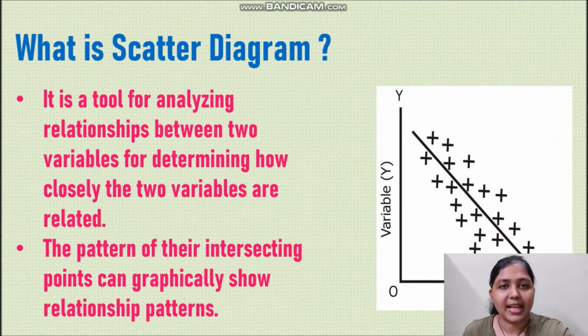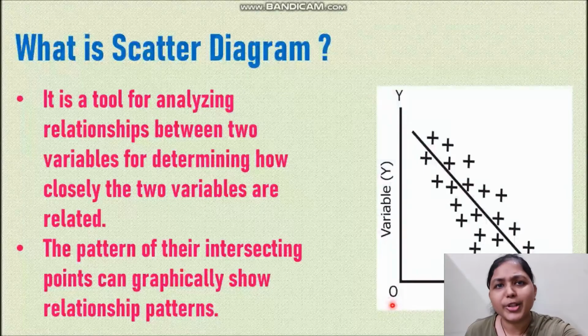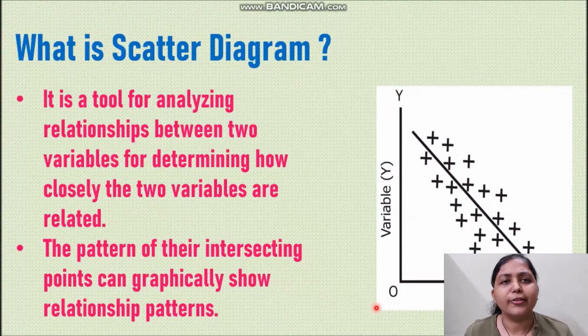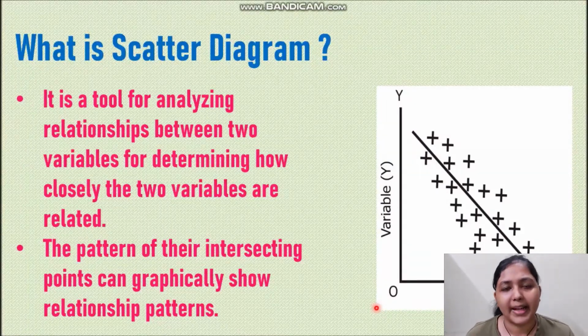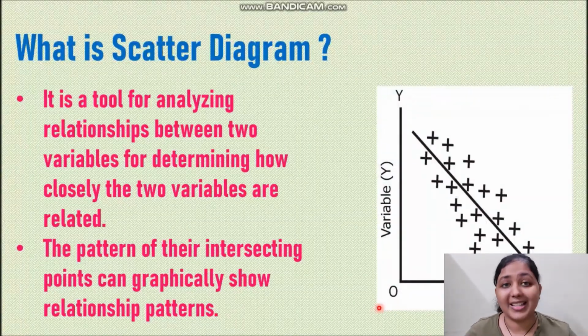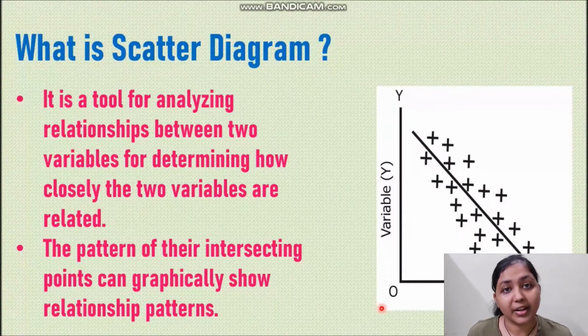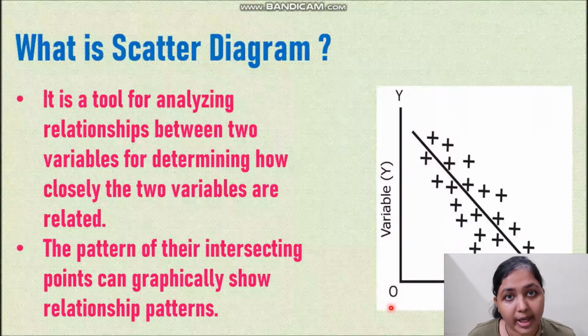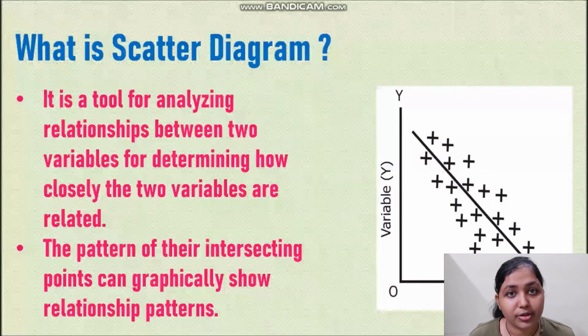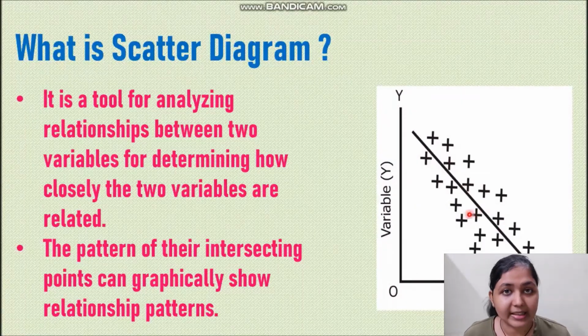A scatter diagram is a useful technique for visual examination of the form of relationship between two variables. When we talk about x and y, it is not always necessary that you have some numerical way to find out correlation. In the scatter diagram way, you can find out correlation by just visualizing the diagram.